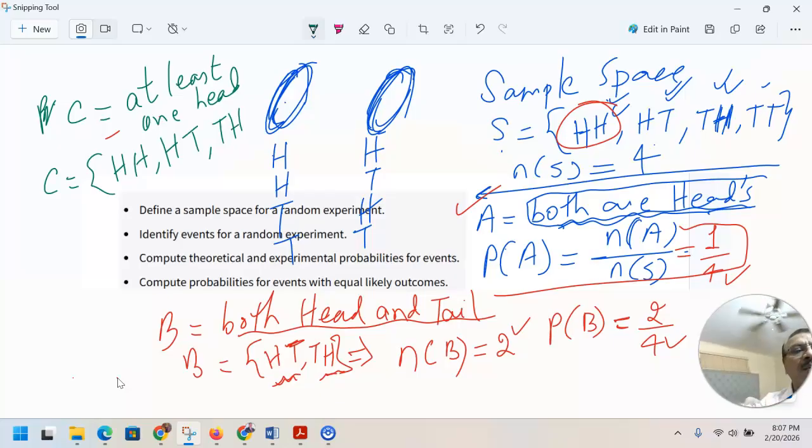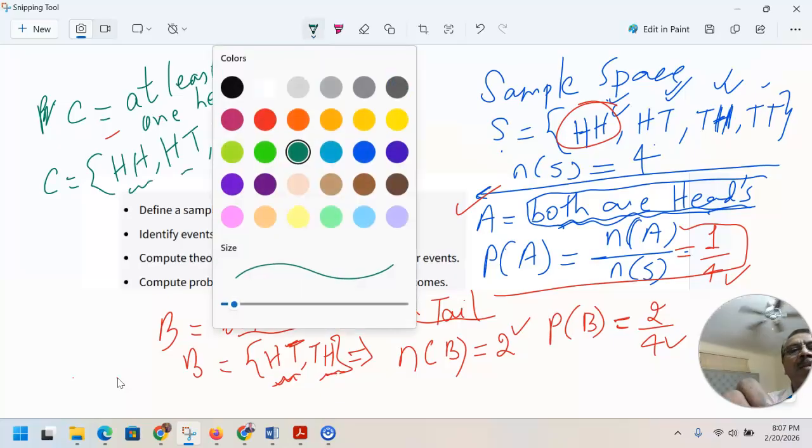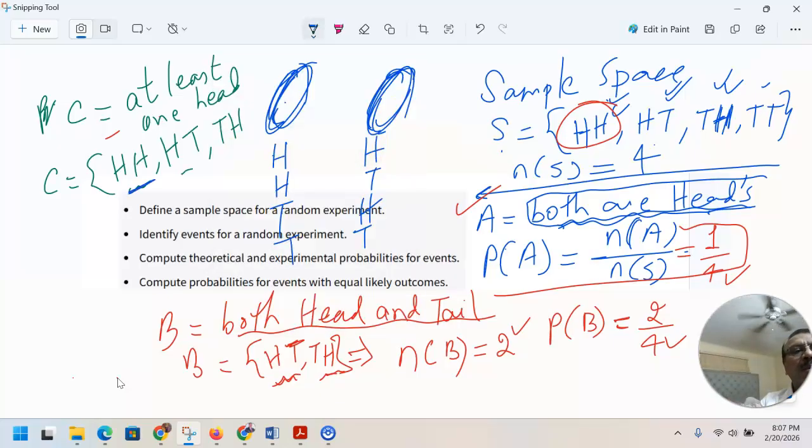In each of these three cases you see there is at least one head. Even though this one has one head, this one also one head, and this one has two heads, the description is being fulfilled. It allows you to write these three pieces.